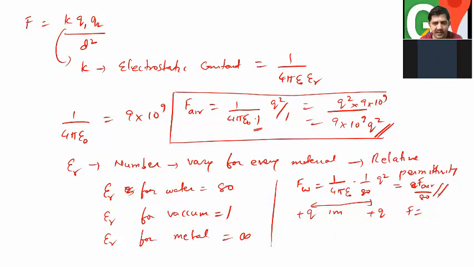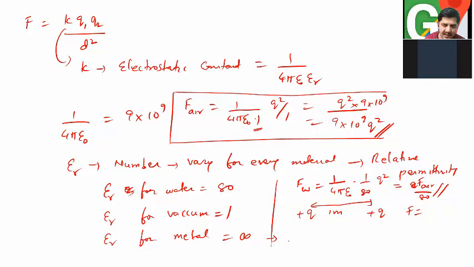Yes, sir. So the force between any two charges when kept in water at the same distance will now reduce to 1/80th of the force between the two charges in air. The force is really reducing here. Correct? Yes, sir. Now let us consider what happens in metal.